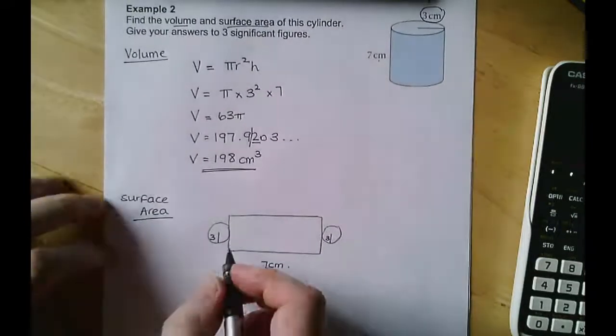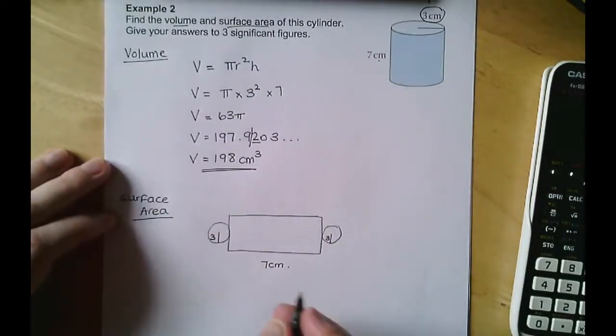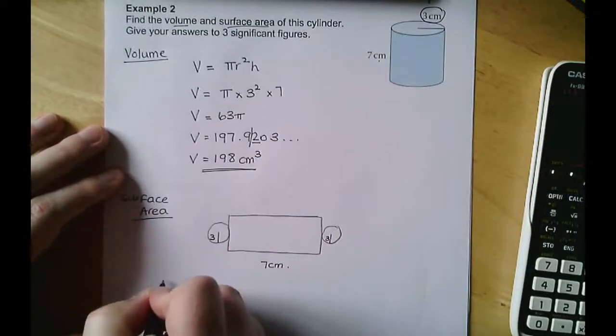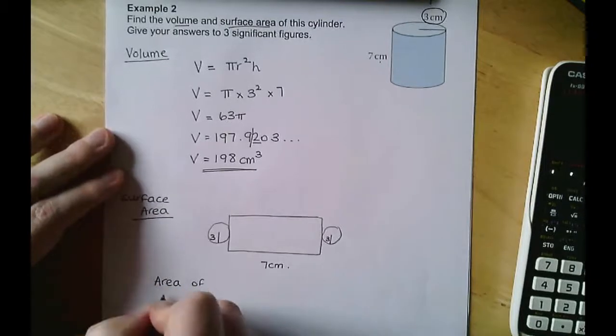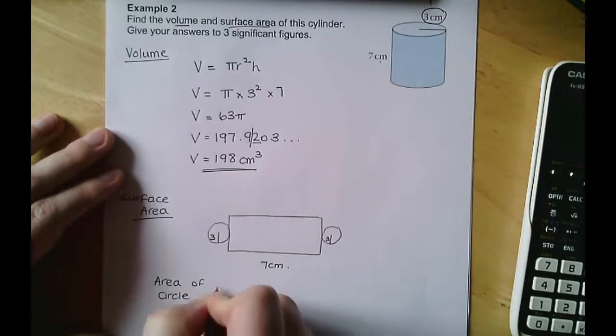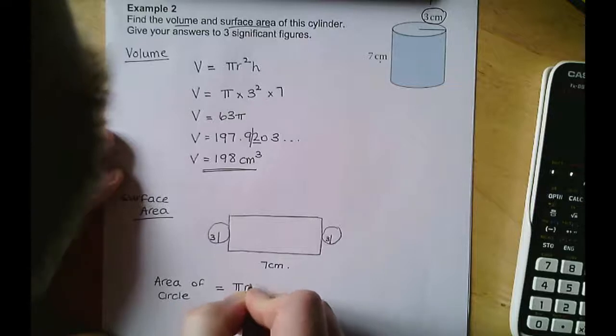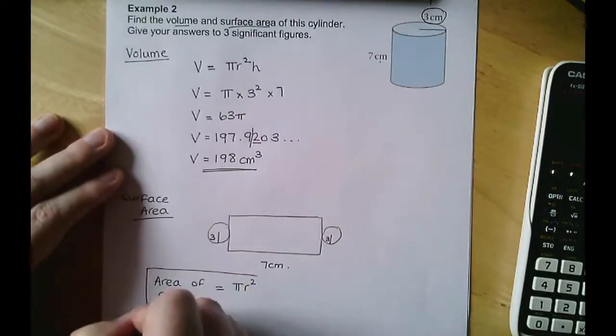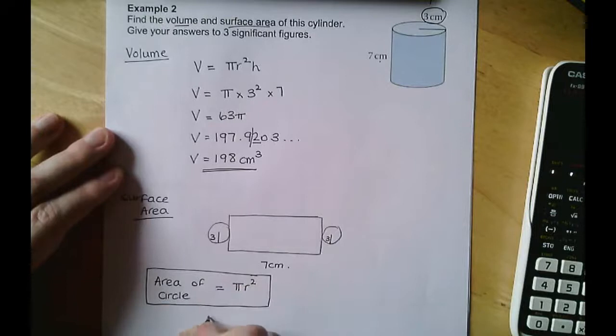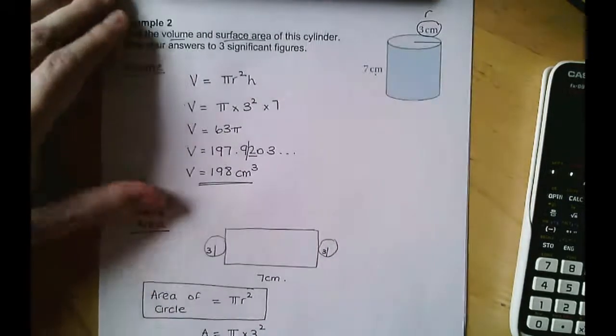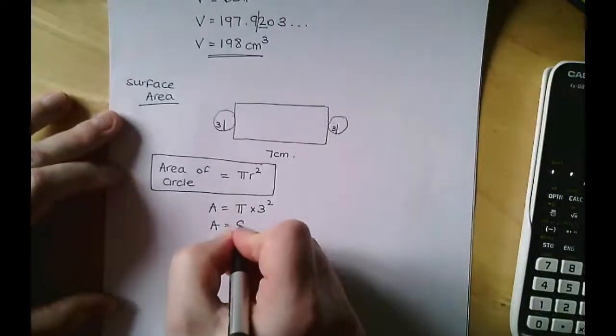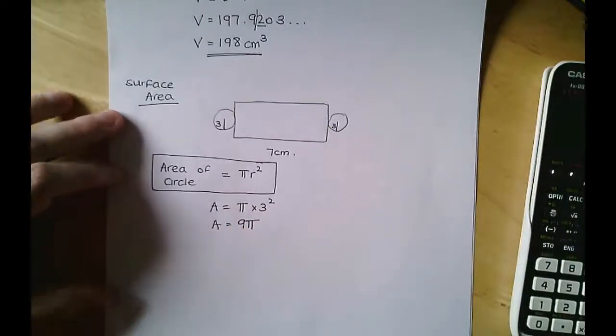So for the surface area, first of all, let's work out the area of the circle. The area of a circle is pi r squared. The radius is 3, so the area is 9 pi.